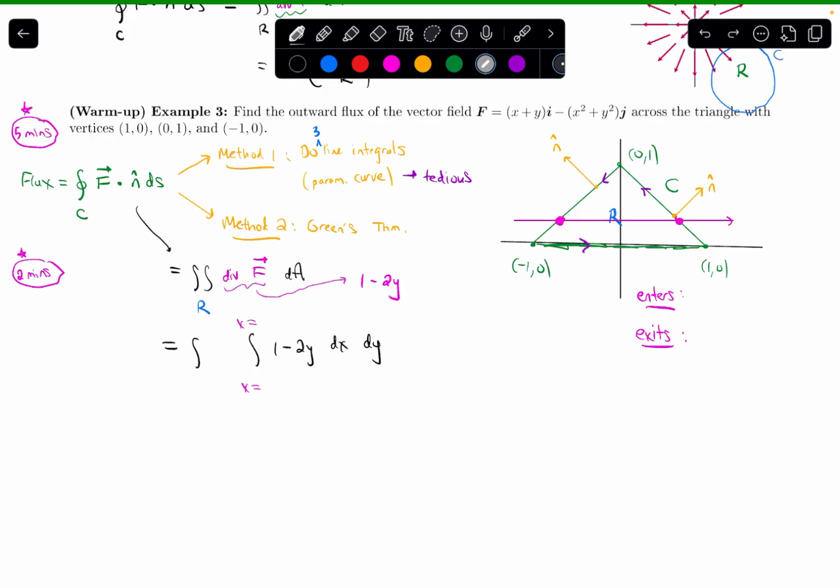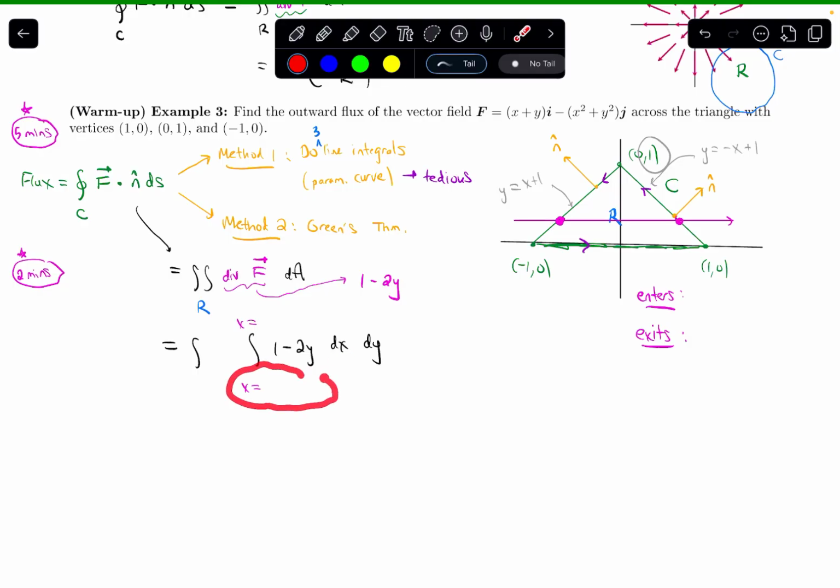Luckily, neither of those is that bad. Both of these lines are pretty straightforward. The slope is 1, and the y-intercept is 1 for this, so that's going to be y equals x plus 1. For the other line, the slope is negative 1, so I'll get y equals negative x plus 1, right? Same y-intercept.